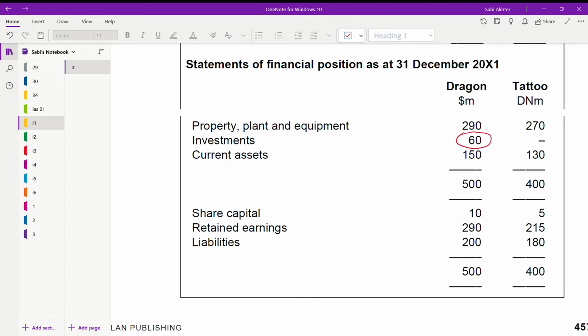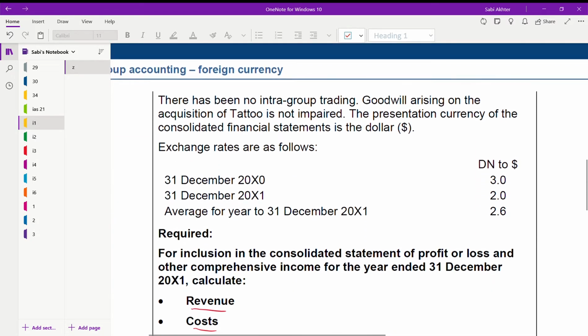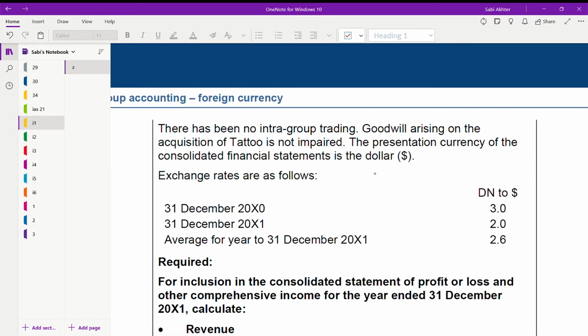No investment. And there is no intra-group trading. Goodwill is also not impaired. Presentation currency is dollar. You have to always see the presentation currency of the consolidated financial statements of the group. So you have been given the 3 rates. This is the opening rate, this is the closing rate, and this is the average rate.